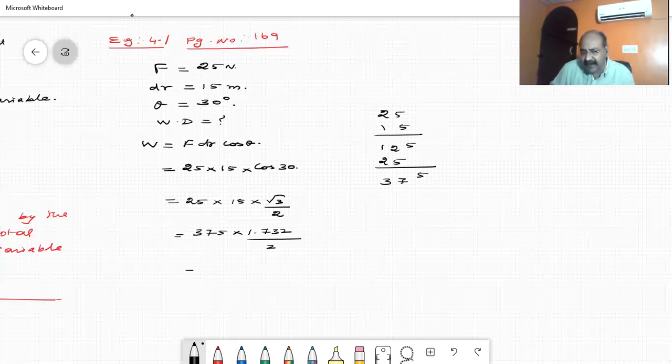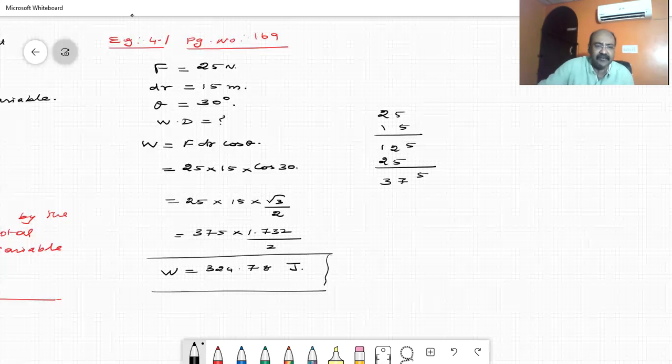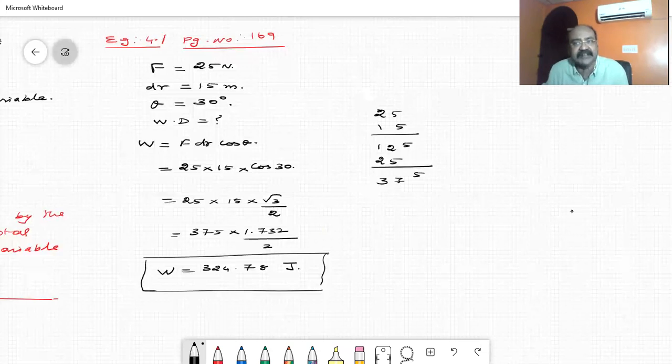On simplifying this, I get the answer as 324.78. Here it is the work done, measured in the unit called joule. So work done is given by W equal to 324.78 joule. This is the first example problem, example 4.1 on page number 169. Hope you have understood this.